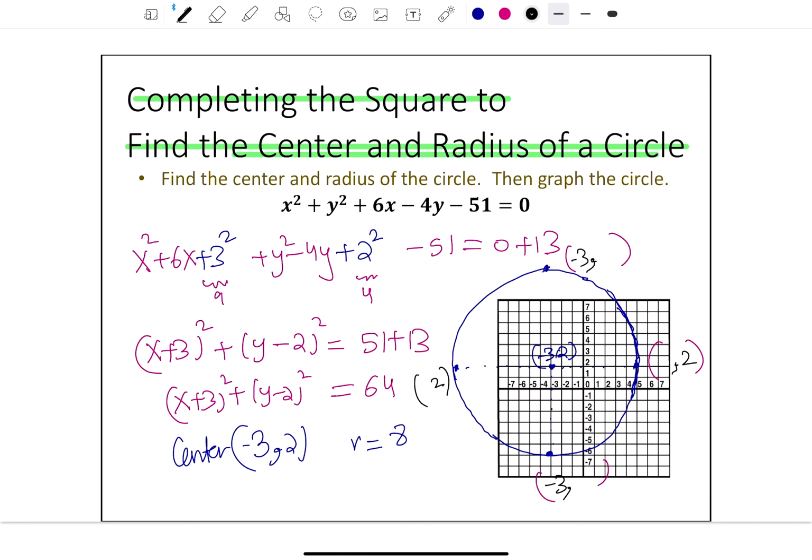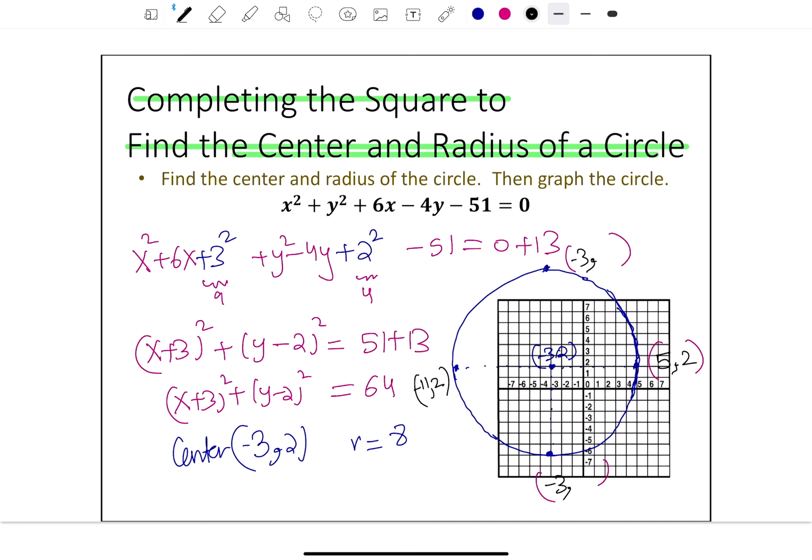And now I'm going to be adding the radius to get my other missing coordinates. So from -3, if I go 8 to the right, I'm at +5 for x. From -3, if I go 8 to the left, I would be at -11, because if I move 8 further to the left from -3, I would be at -11.